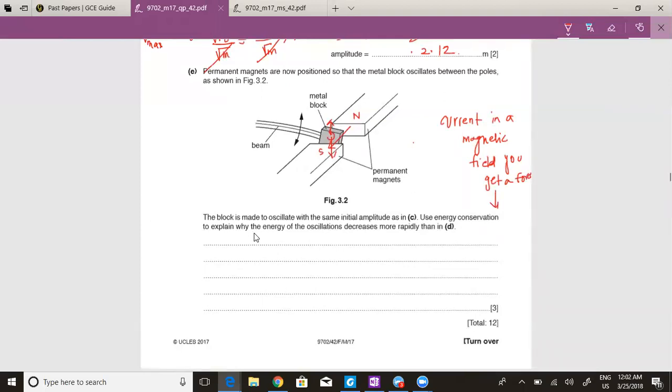And that force is in the opposite direction. I'll put down the actual answer in the marking scheme. So the force is in the opposite direction to the direction of movement.